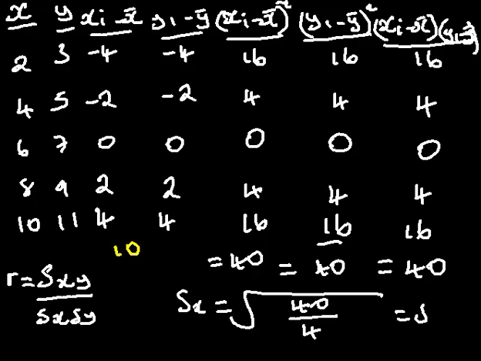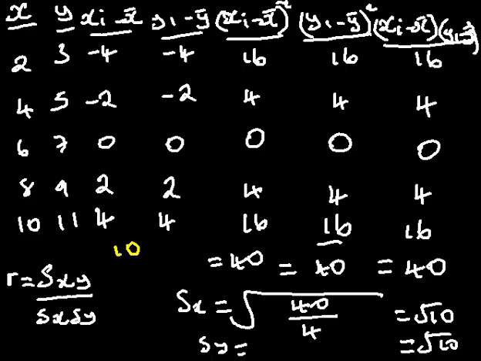Now we have the square root of 10. And how about for y? In the same way, sy will be given as, for y we also have 40, divided by 4, which is also 10. So we have the square root of 10.